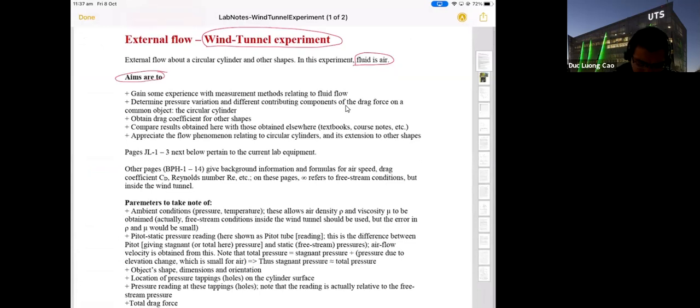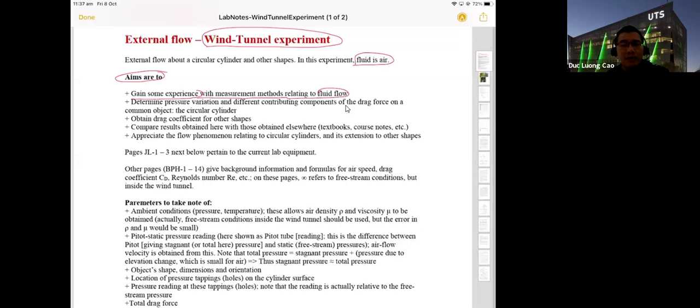The first aim is to gain some experience with the measurements and methods relating to fluid flow, or external flow. As you know, in fluid dynamics we have two parts: part one is internal flow, and part two is external flow.